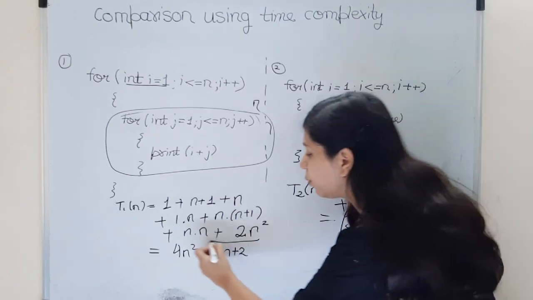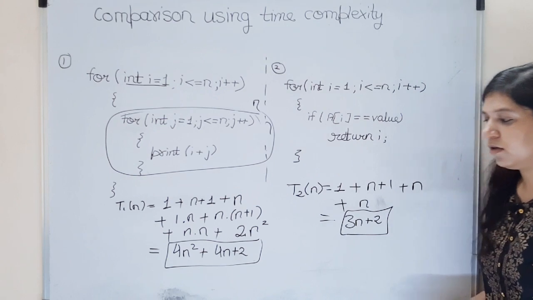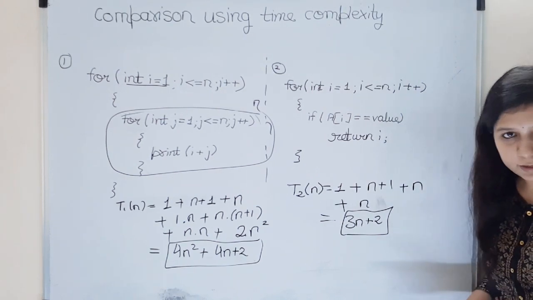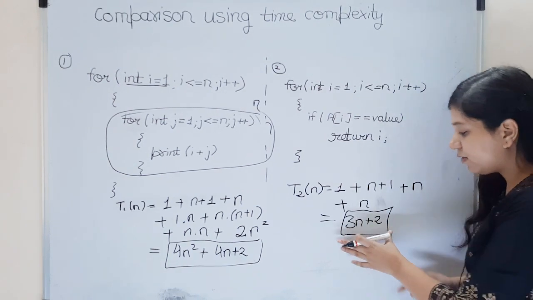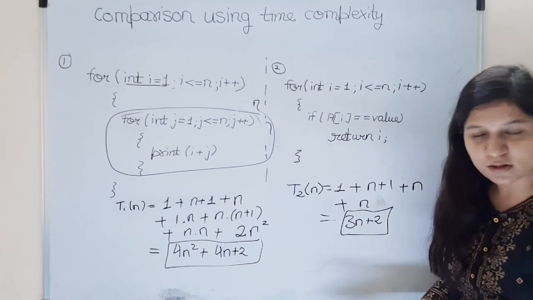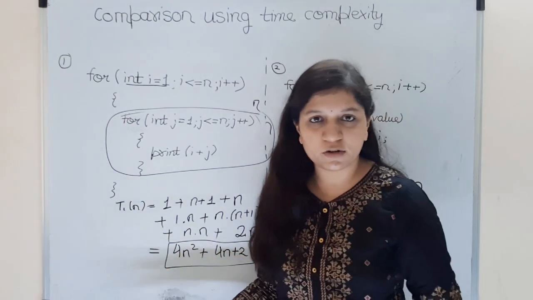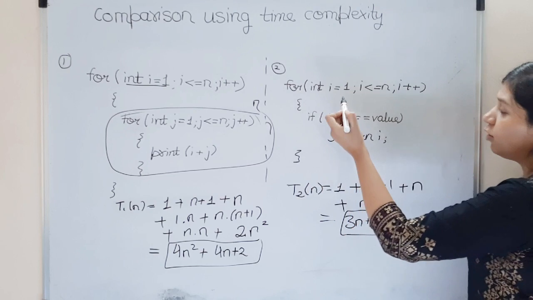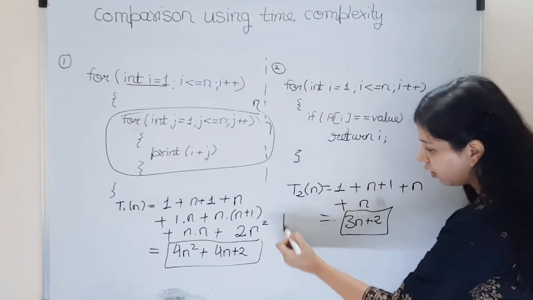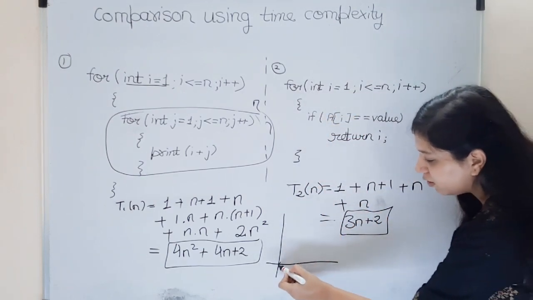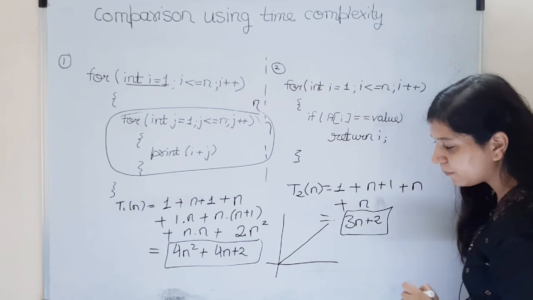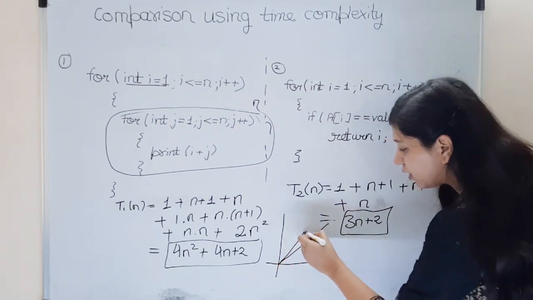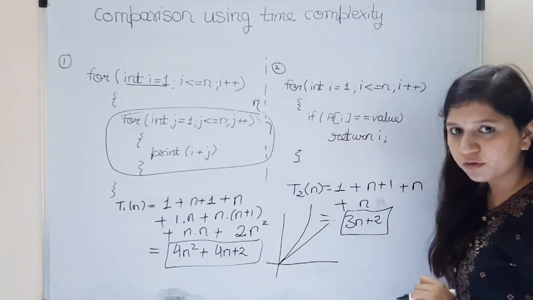Now you compare both these time complexities. In this case, this is a linear equation, and this is a quadratic equation. By graph also, linear goes like this and quadratic gives you the parabolic curve, right?